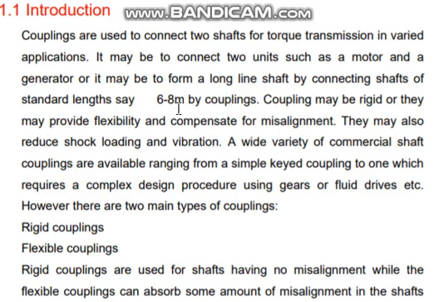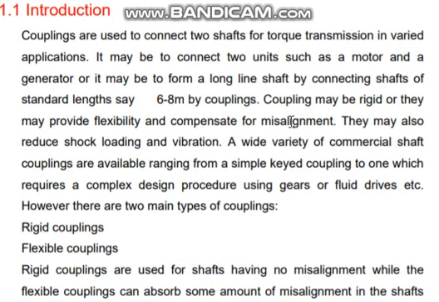Why? Because standard shaft lengths may be not more than 7 meters or something. I told you last time, because the truck length is normally some 7 meters or something. So the shafts are not longer than that. Couplings may be rigid, or they may provide flexibility and compensate for the misalignment.